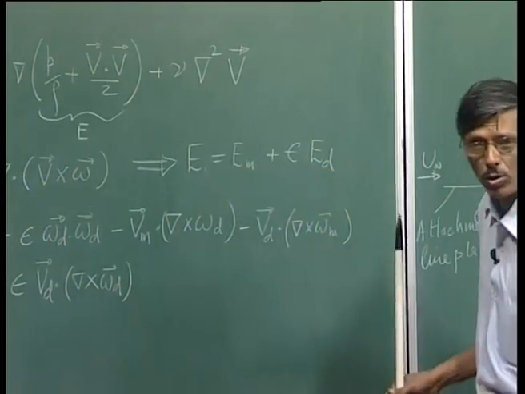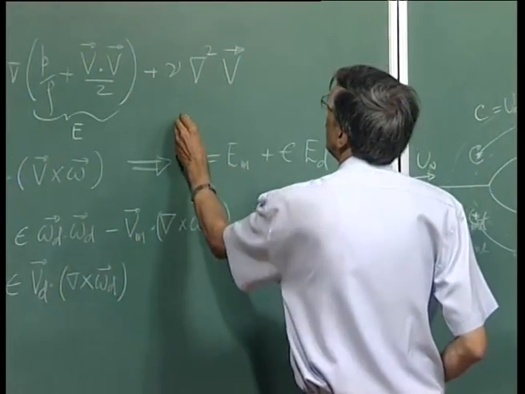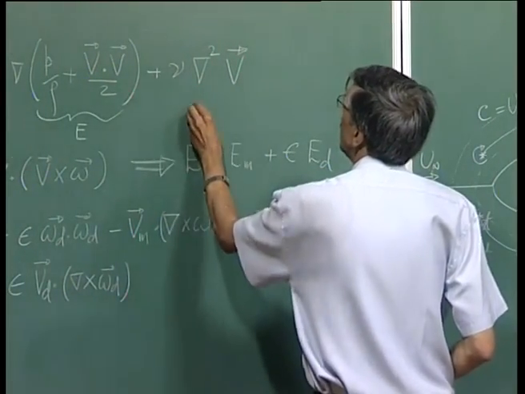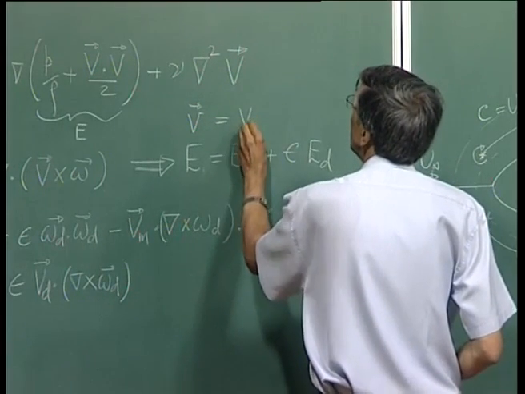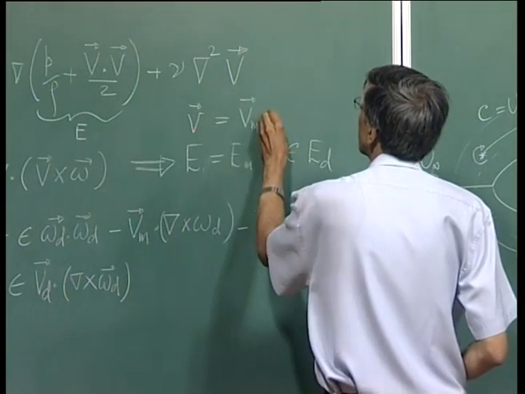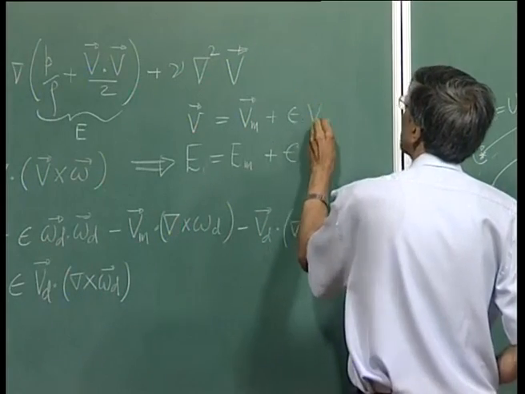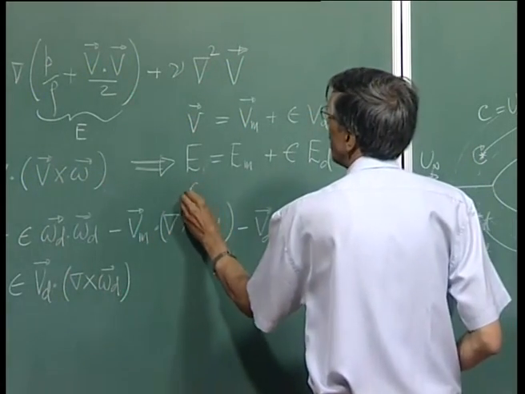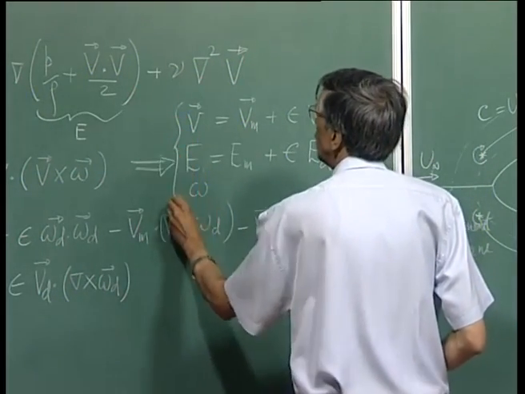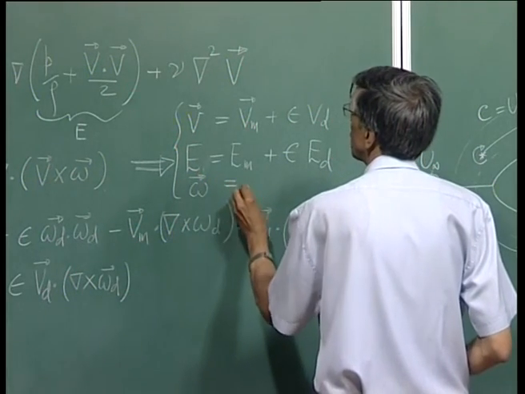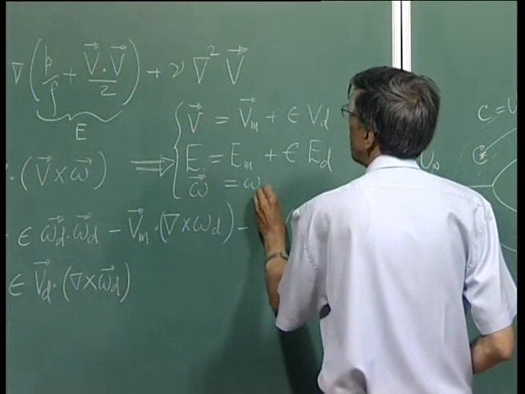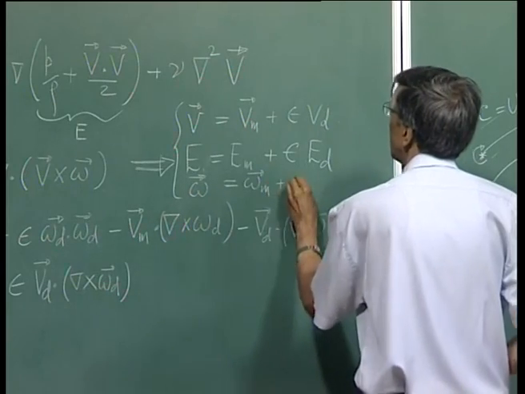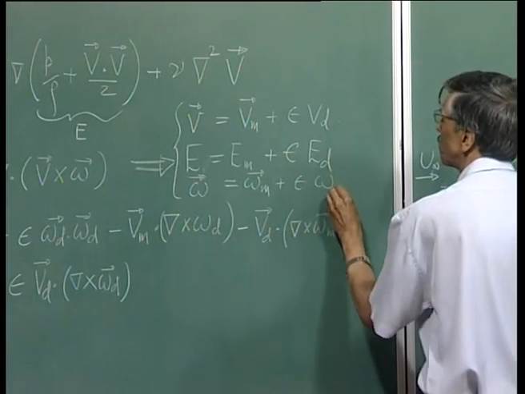In the same way you can do the splitting for the velocity field also into a mean part plus a disturbance part, and the same way the vorticity field can also be split into a mean part and a disturbance part.